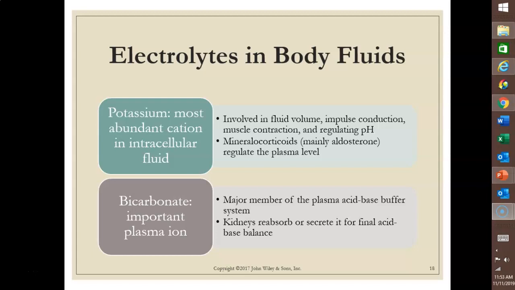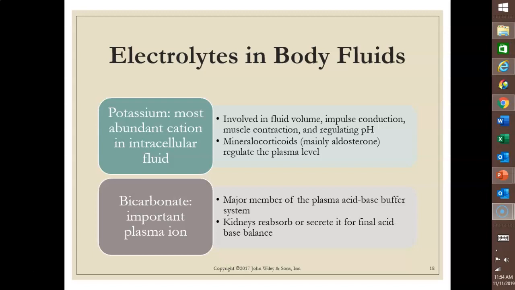Bicarb ions are the second most prevalent extracellular anion. The concentration of bicarbonate ions increases as blood flows through the systemic capillaries because of CO2 released from our metabolic activities. Remember, the CO2 combines with water to form carbonic acid. When carbonic acid dissociates, it releases hydrogen ions and bicarbonate ions.